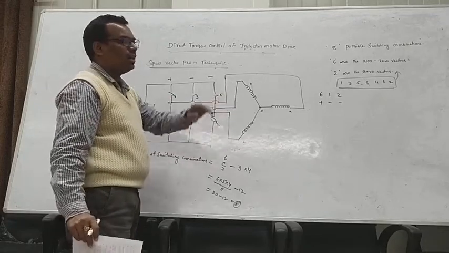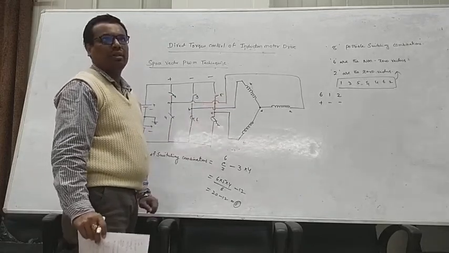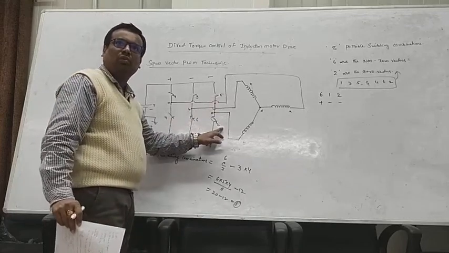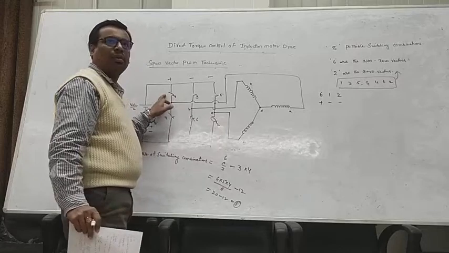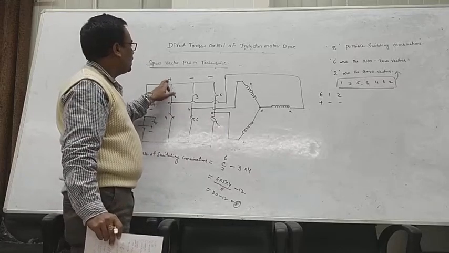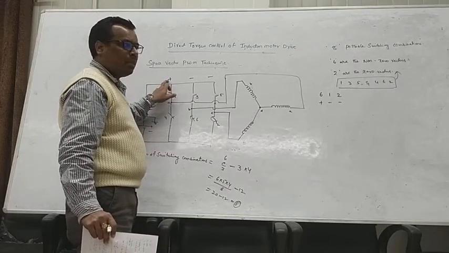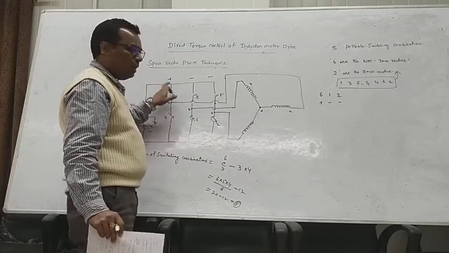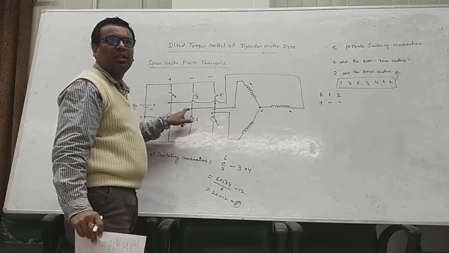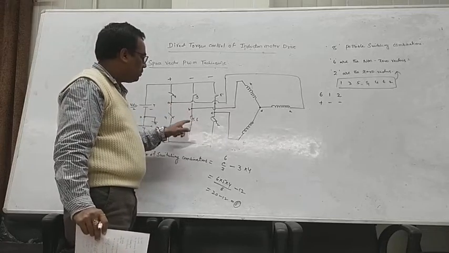So in 6, 1, 2, 6 is in the bottom group, 2 is also bottom group and 1 is an upper group. When the upper group switch is turned on, you indicate it as a plus. This is in phase A, and this is in phase B. 6, the switching device of 6, is turned on.